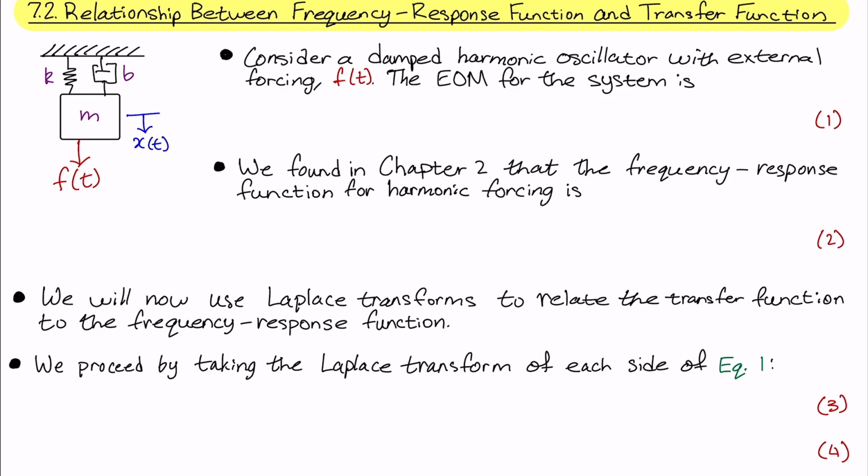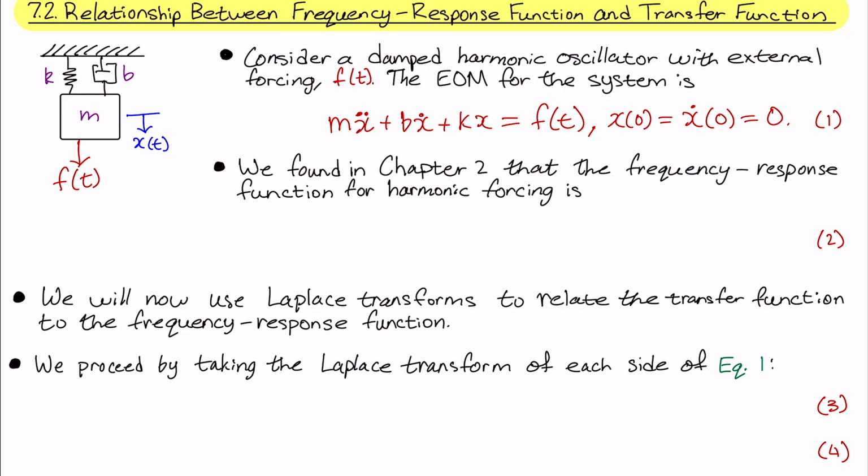And the equation of motion for this system is going to be m x double dot plus b x dot plus k x, and that's then equal to the external force f of t. We're going to give this 0 initial conditions. So x of 0 is equal to x dot of 0, both of those equal to 0. And then this will allow us to compute the transfer function using Laplace transforms.